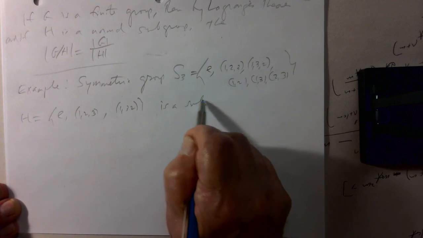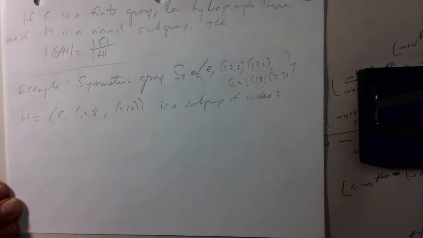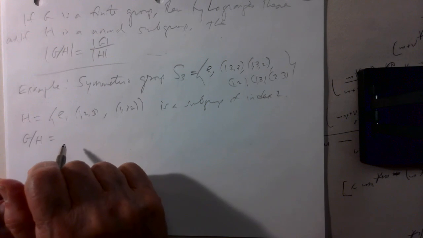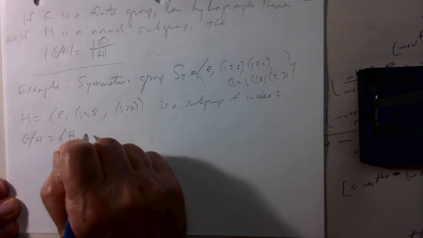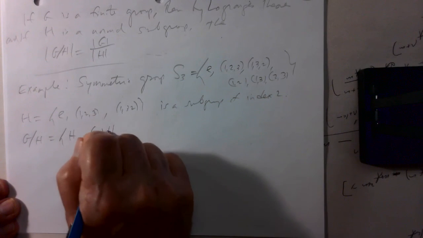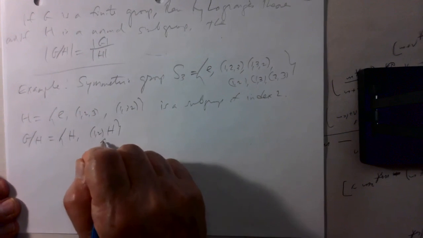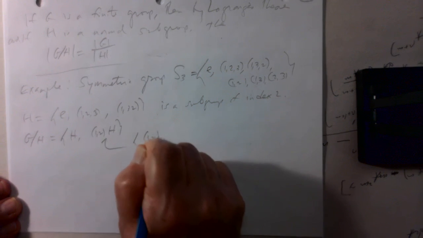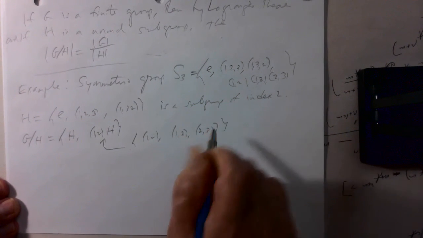This is a subgroup of index 2. And G mod H consists of 2 cosets, H and, well, let's say (1 2) times H. I can just choose any element that's not in H. So this other coset really consists of the 3 transpositions.